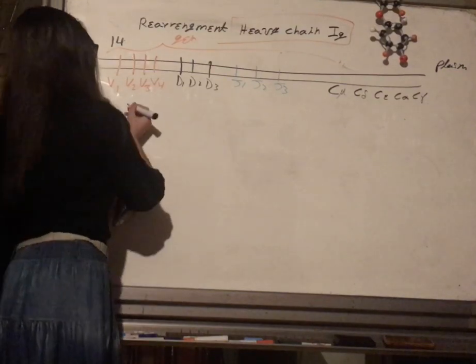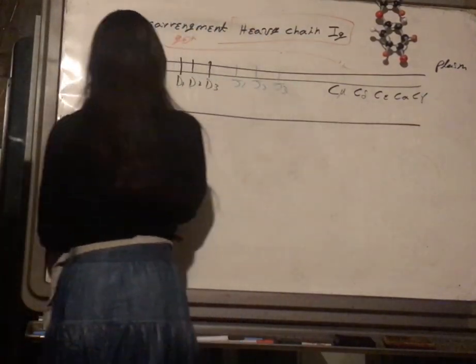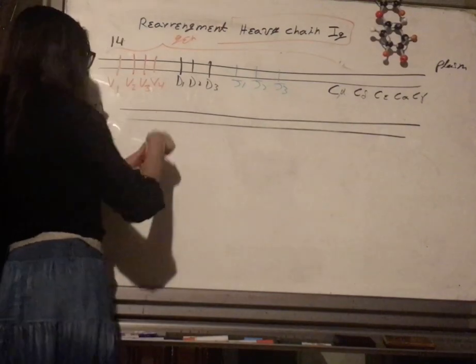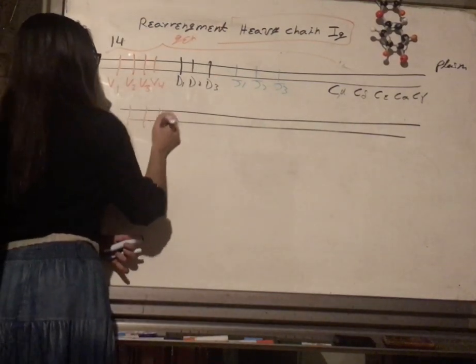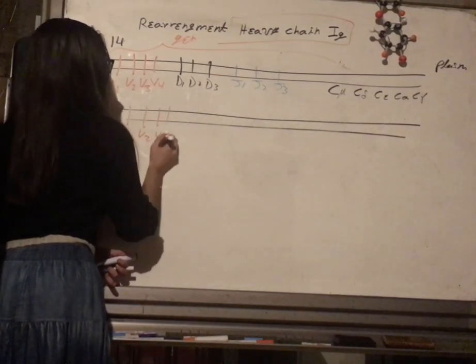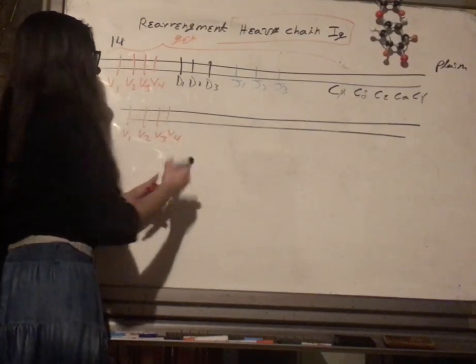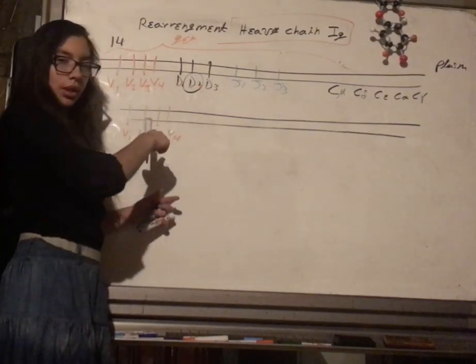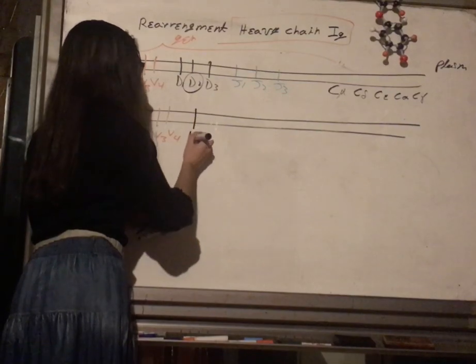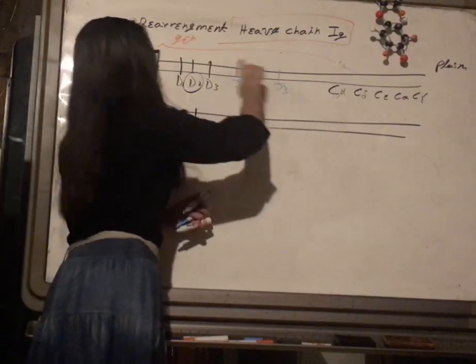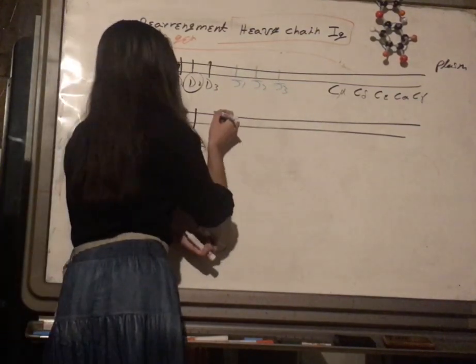So let's put again, here is the DNA. We have again all these segments, B1, B2, B3, B4. We have just the segment that we chose, which was D2.